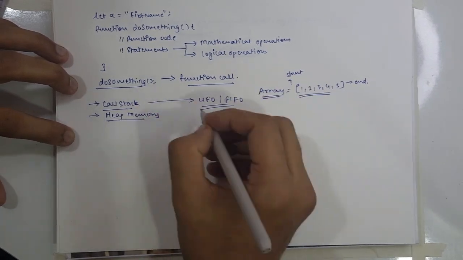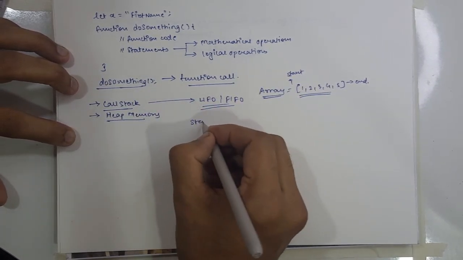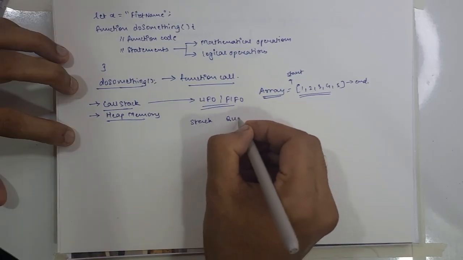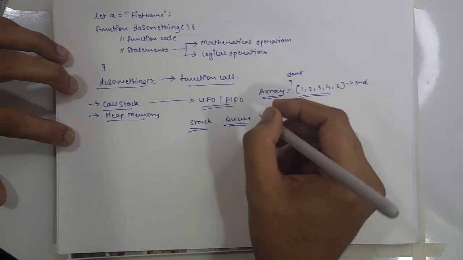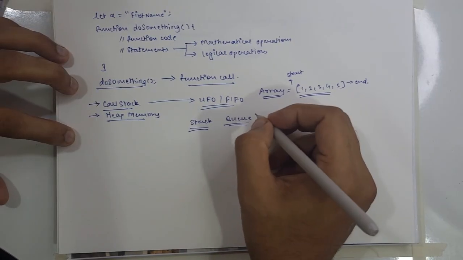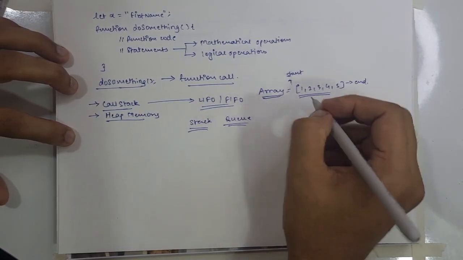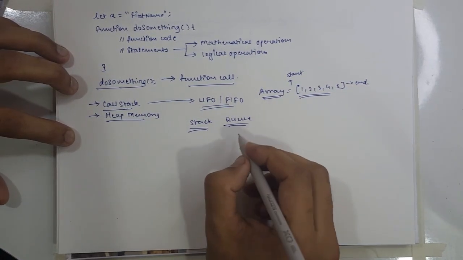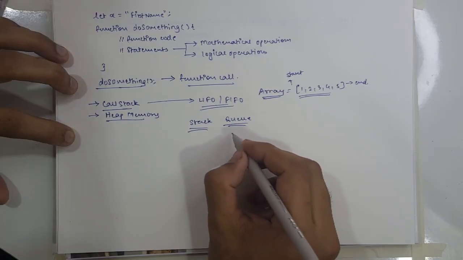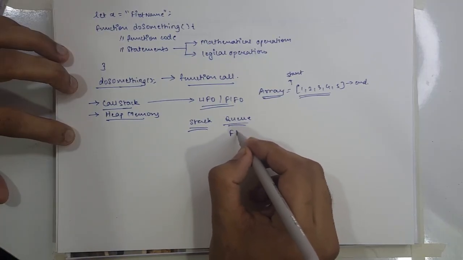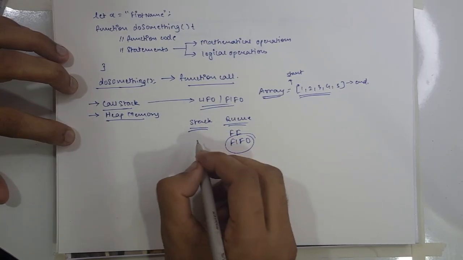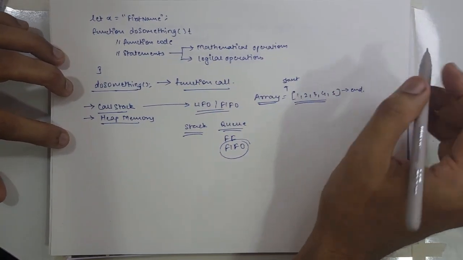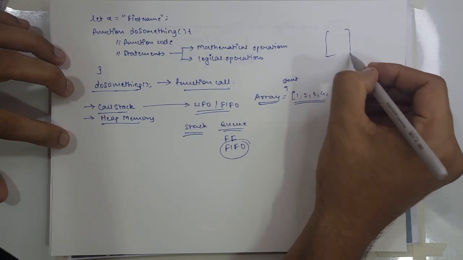There are two things: a stack and a queue. Queue we know, queue on the railway station, queue on the ticket counter. So what is a queue? A queue is like, you come first, you go first. First in, first out. And what is a stack? Suppose a stack of books.